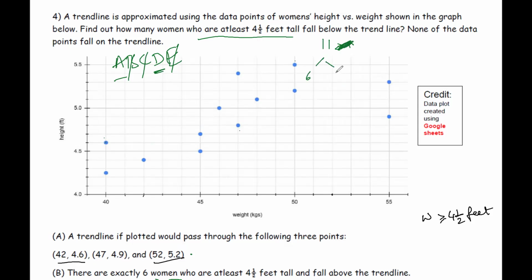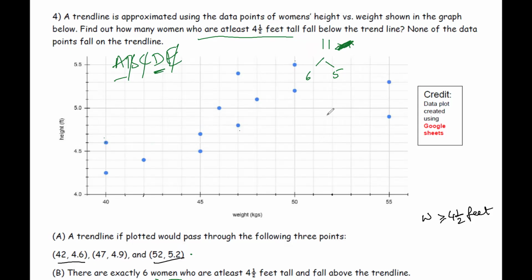Then clearly out of the 11, 5 are below the trend line. Make sense? Because we were left with only 5 people who are at least 4.5 feet tall. So if 6 are above, then 5 are going to be below.